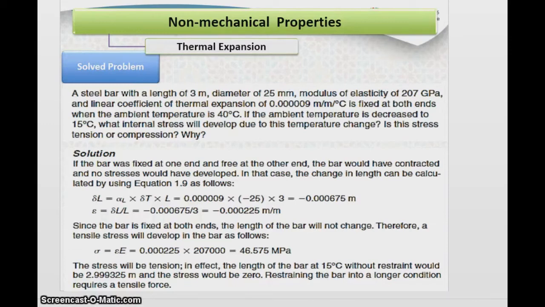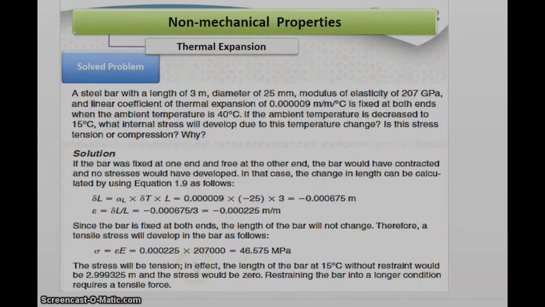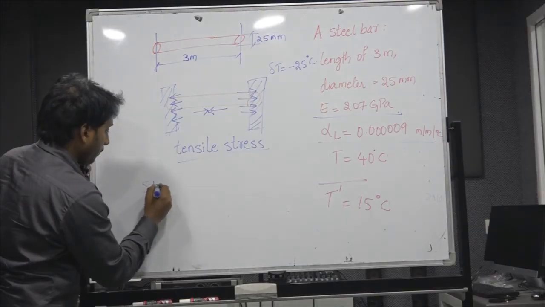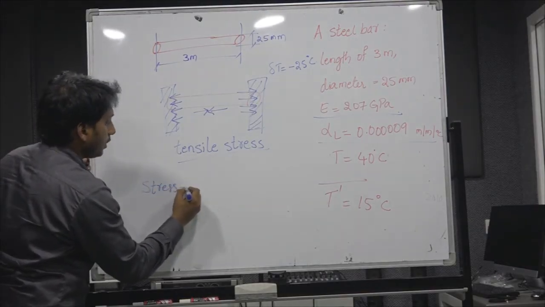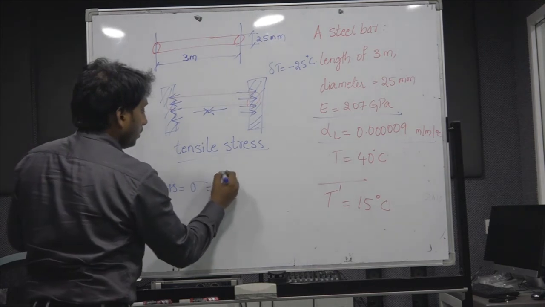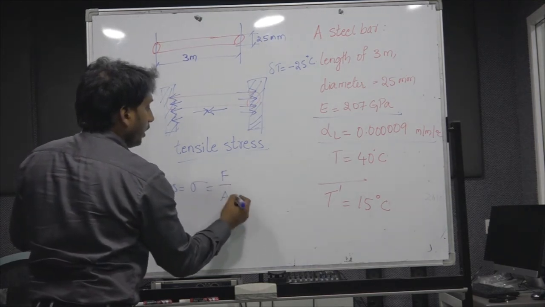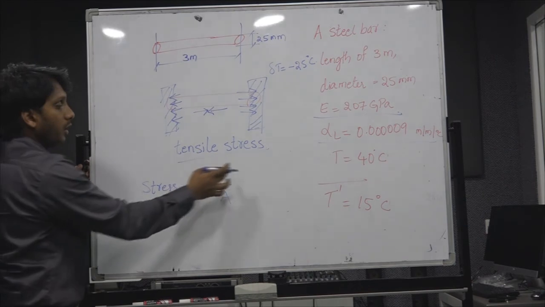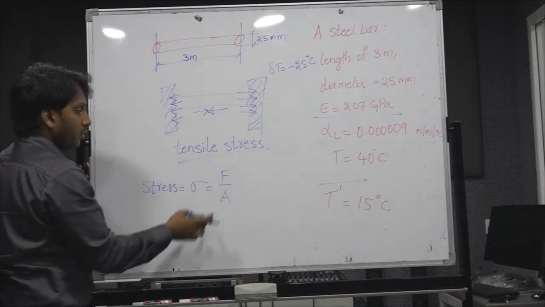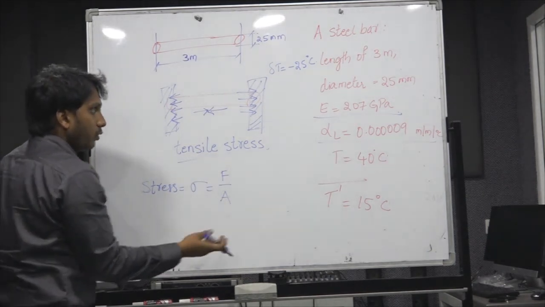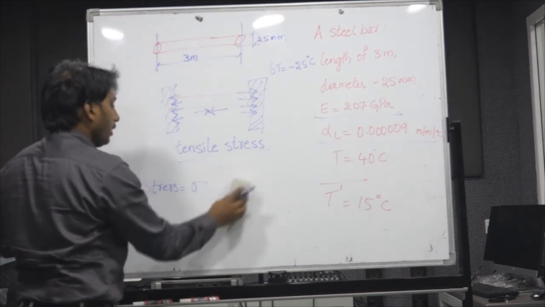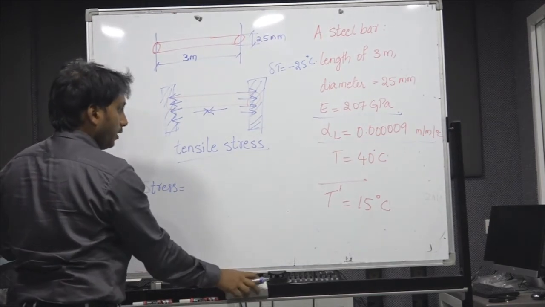Then you have to find out how much stress it is. Stress, as you already know, is sigma equal to force by area. But we don't know any force, and we don't have the area. So you can find it from another equation.